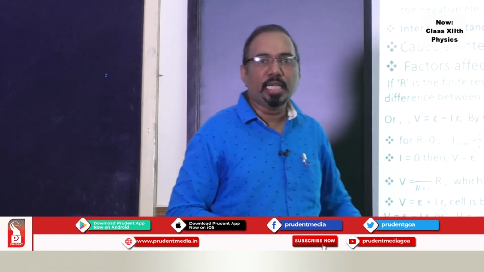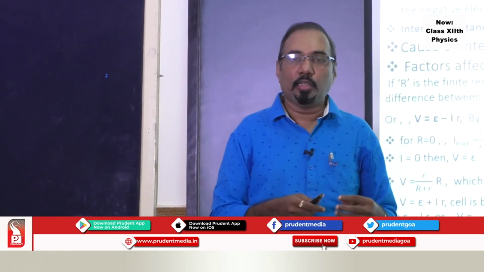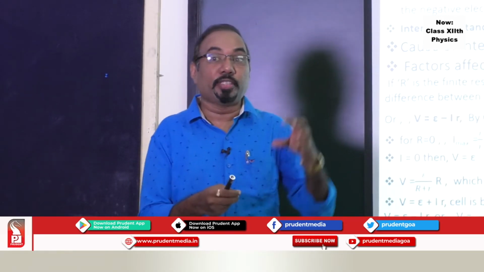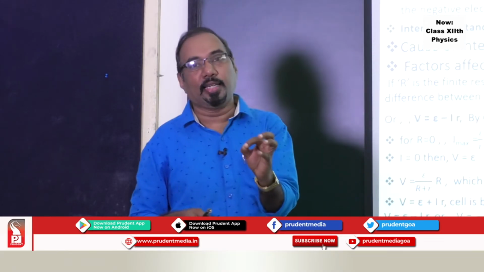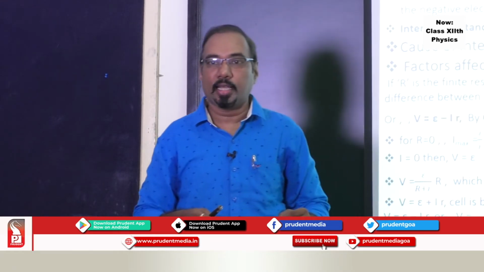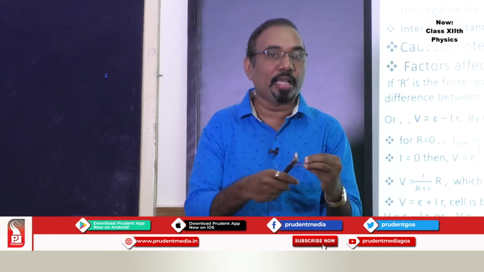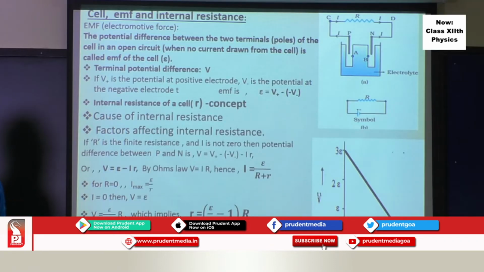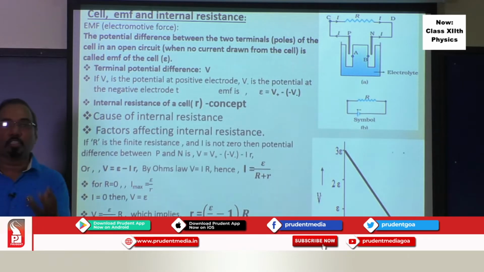Now, what is meant by internal resistance of the cell? As you know, what is the cause of the resistance in the conductor? In the conductor, electrons are the carriers of current. Electrons collide, that gives rise to a resistance. In the solution, ions are moving against the background of other ions. They are colliding, that gives rise to a resistance. That resistance is called the internal resistance of the cell.